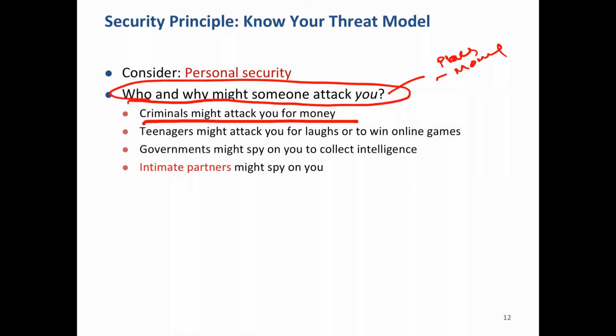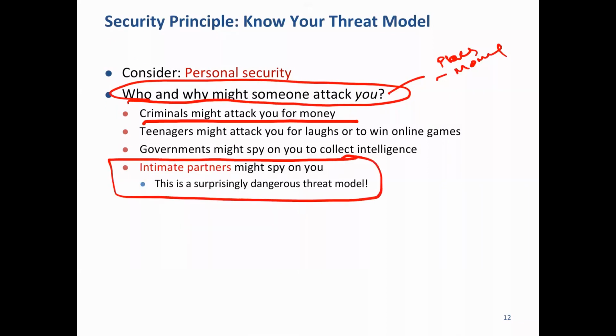One of the very important kinds of security you need to understand in your personal life is called intimate partner security. Now, this is more relevant for Western countries, but it's also becoming important in India. Your intimate partner could be your spouse, or your live-in partner, your boyfriend, girlfriend, or whatever.